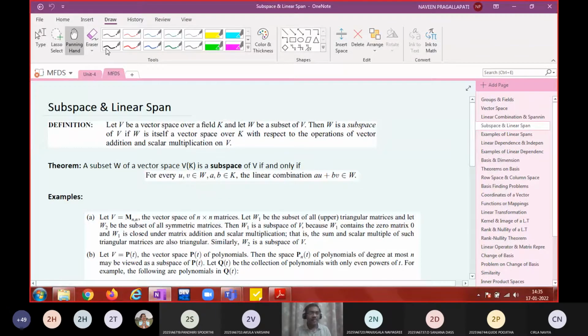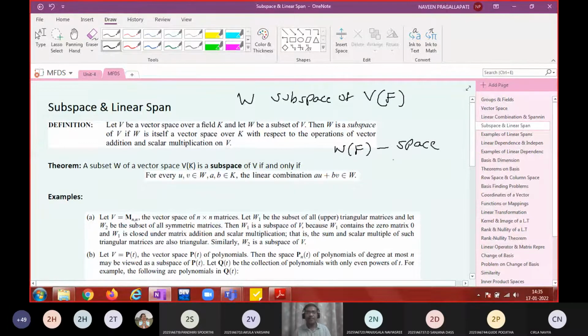That means if I want to call W a subspace of V over a field F, then W itself must be a vector space with respect to the same operations, whatever operations you are defining on V. Basically W is a subset of V, and W itself is a vector space with respect to the same operations that are defined on this set and over the same field F.